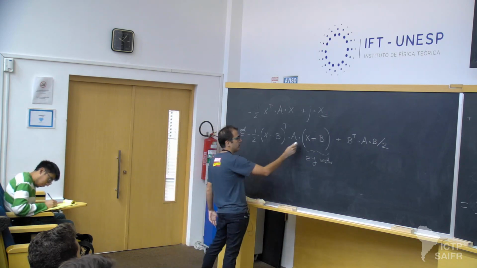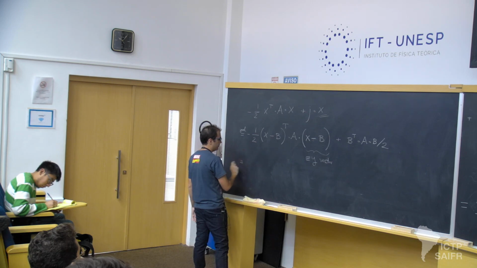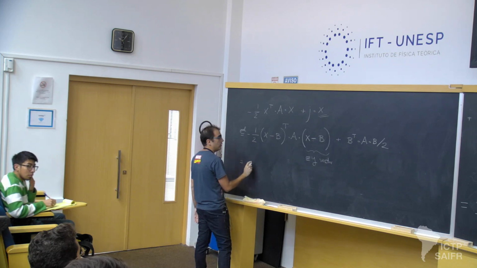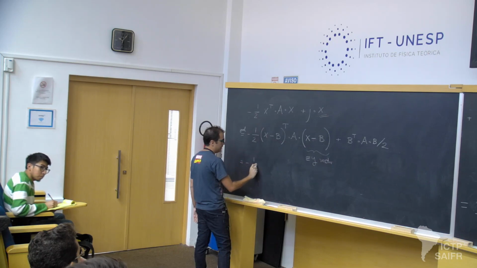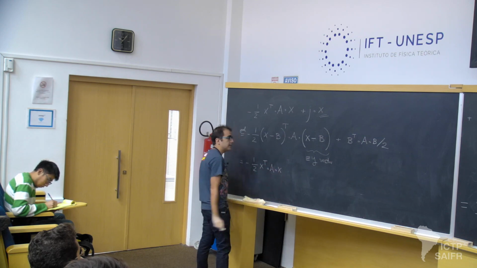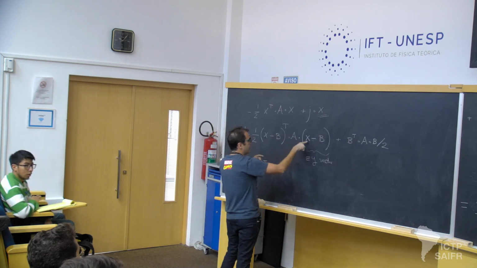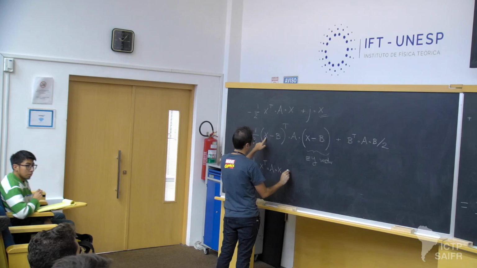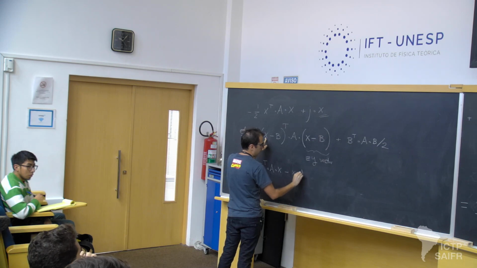You should use the fact that A is symmetric, and you get, indeed, if I open up, minus 1/2, let's write carefully, x transpose dot A dot x. The term with b squared cancels that term, and then the term with x gives x transpose dot A dot b.